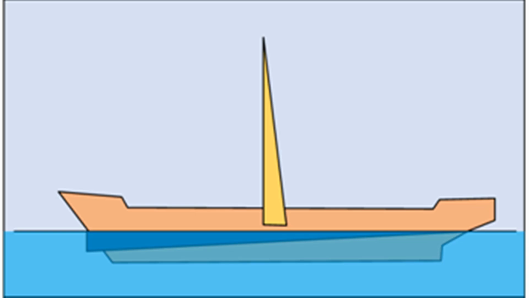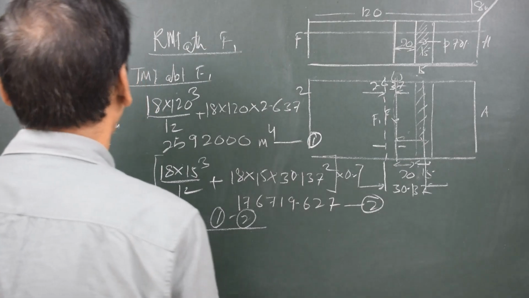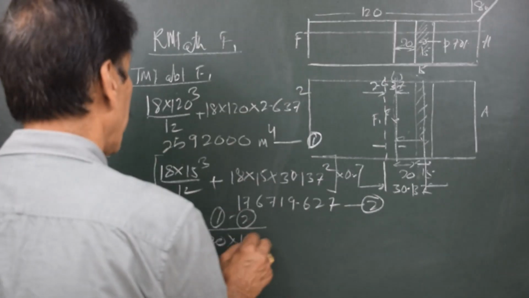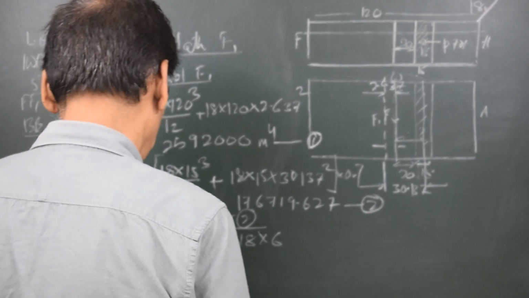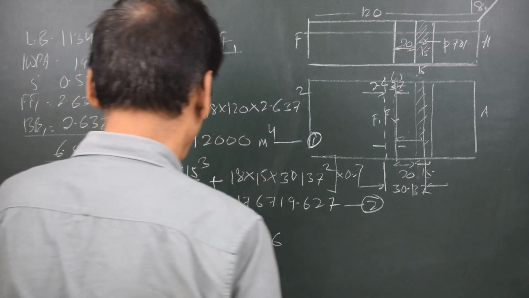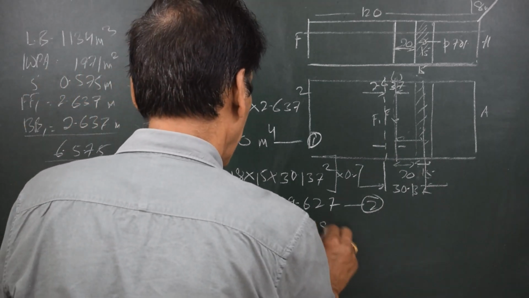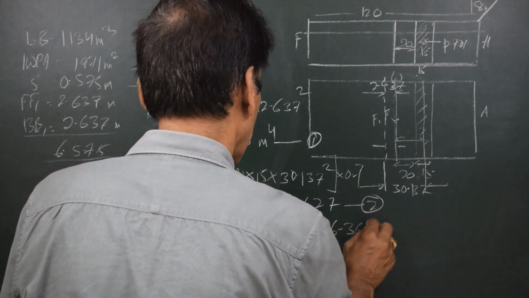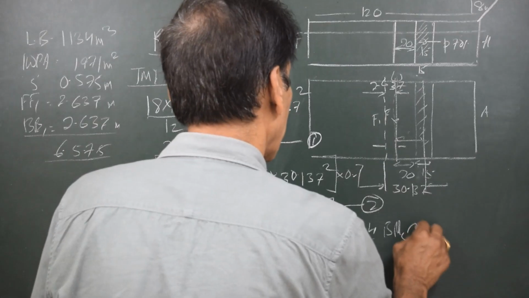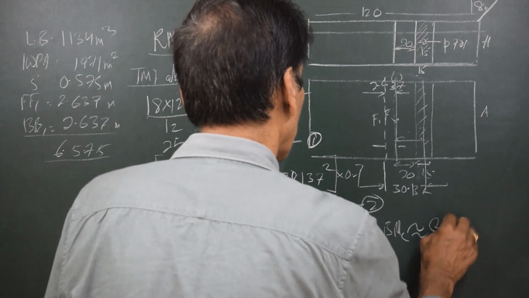This 1 minus 2 will have to be divided by the intact underwater volume. So that is 120 into 18 into 6. So what I get is 186.364, and this is BML, which we had said is approximately equal to GML.